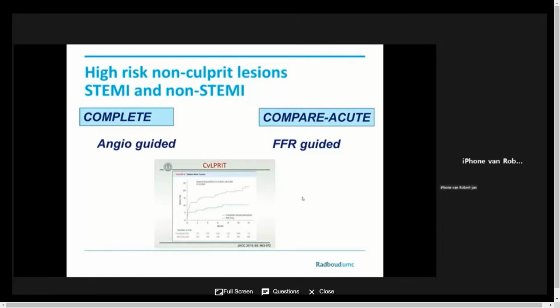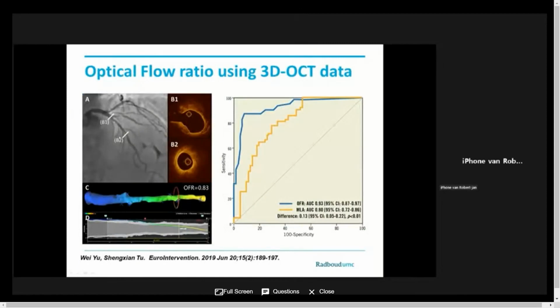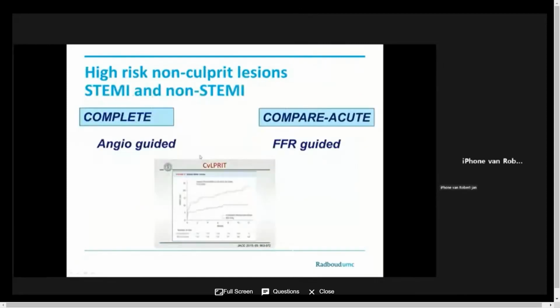Now I want to take a step back, because what do we know from the FFR-guided approach for the non-culprit lesions? This is a bit on where we look at culprit lesions or your stable angina patients. We have seen a lot of studies, COMPLETE, etc., on angio-guided procedures on non-culprit lesions with complete revascularization.